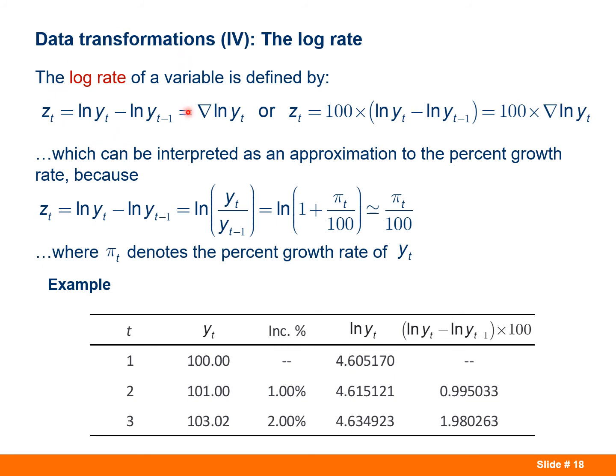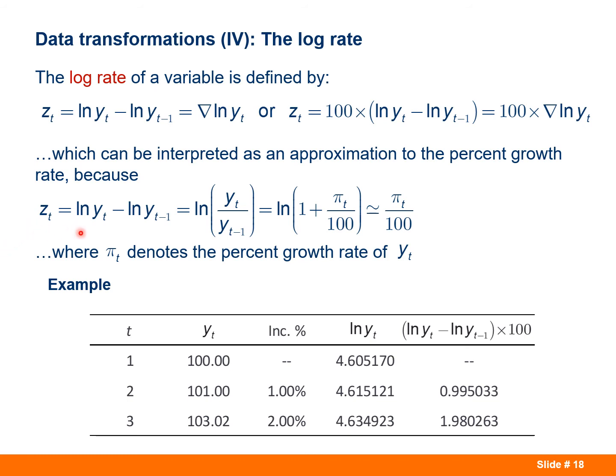And it can be also denoted as nabla log yt. So zt can be defined in this way or can be multiplied by 100. Now you will understand why I do that. So I am working with this time series or I am working with this time series. Let's stick to the first one.